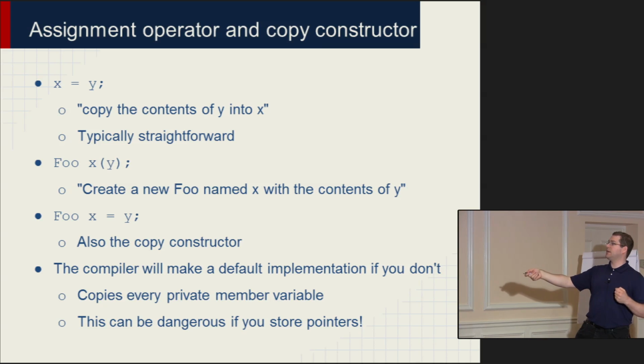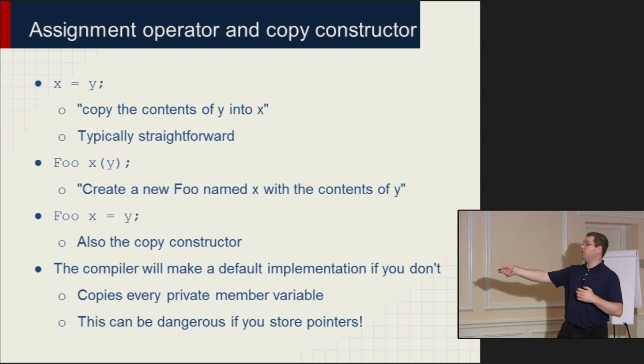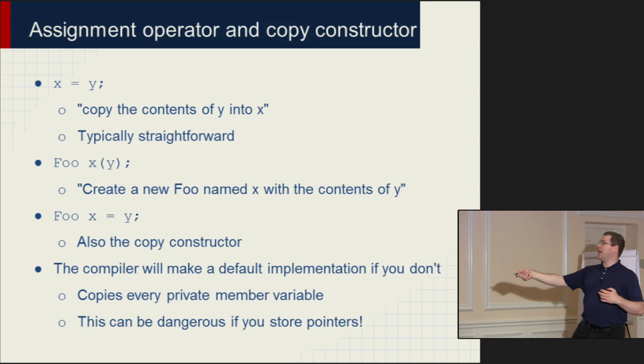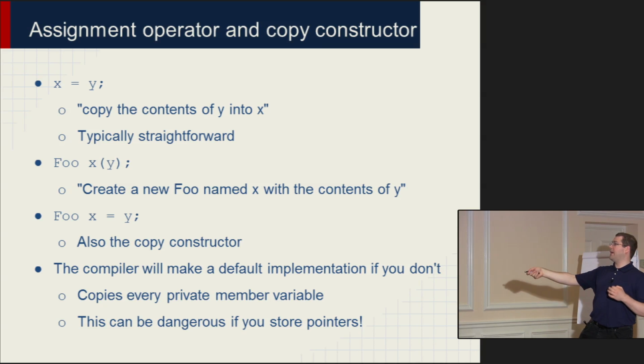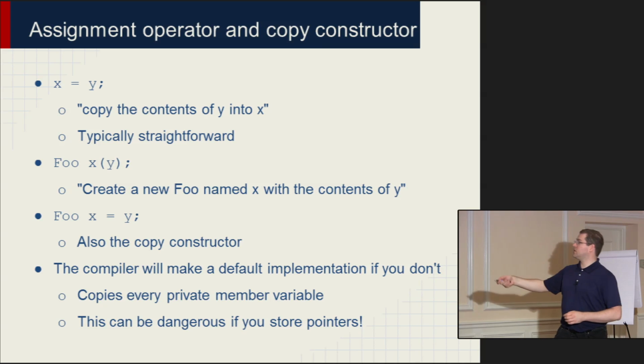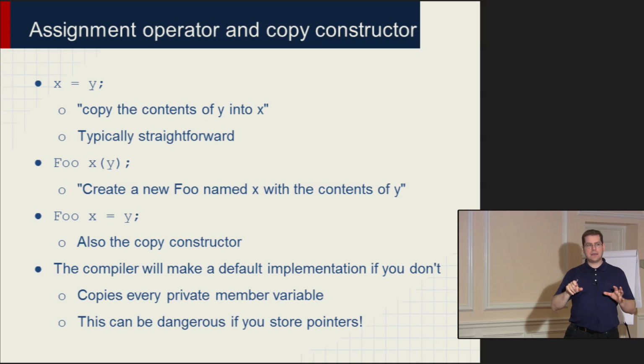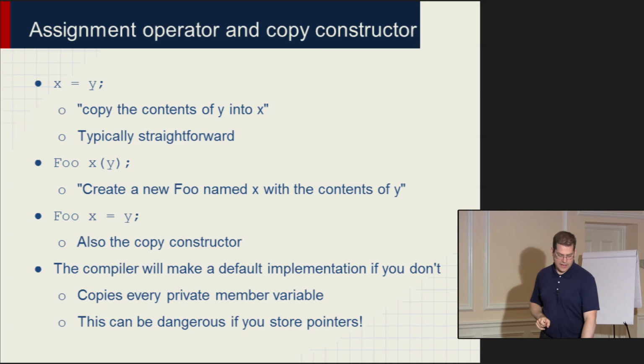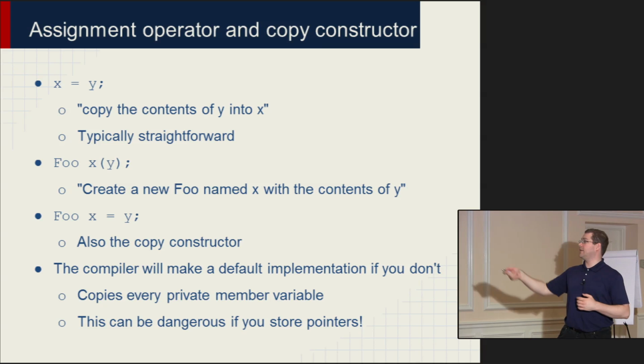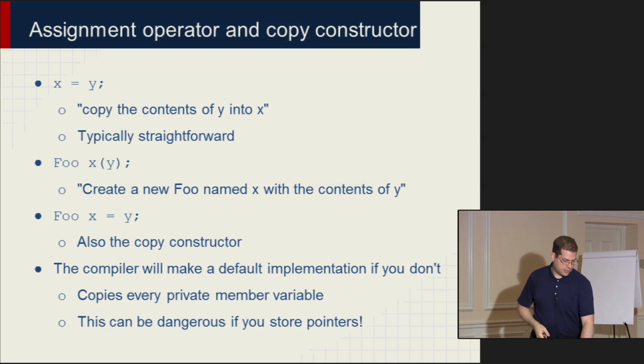You're making a completely new variable of type Foo named x, and creating a new Foo based on the contents of y. These are related, but handled differently in C++, because you have an already existing object here, and you're creating a completely new object here.